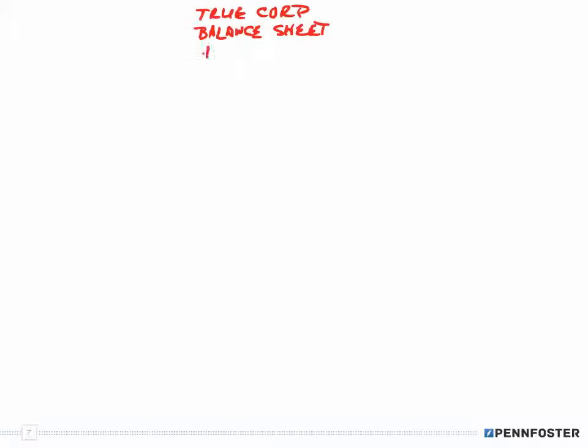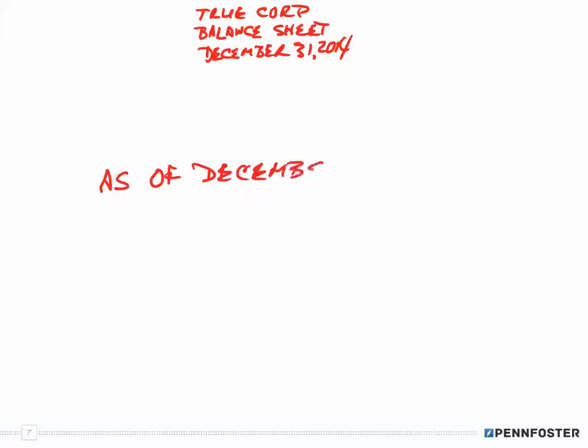We can just put the date itself as December 31st, 2014, or I can write it like this. I can write as of December 31st, 2014. Okay, whichever way you decide to do it, whether this way or this way, both are correct. Okay.